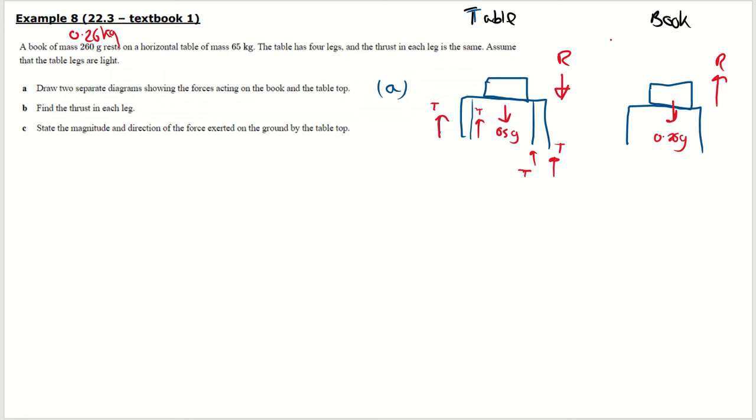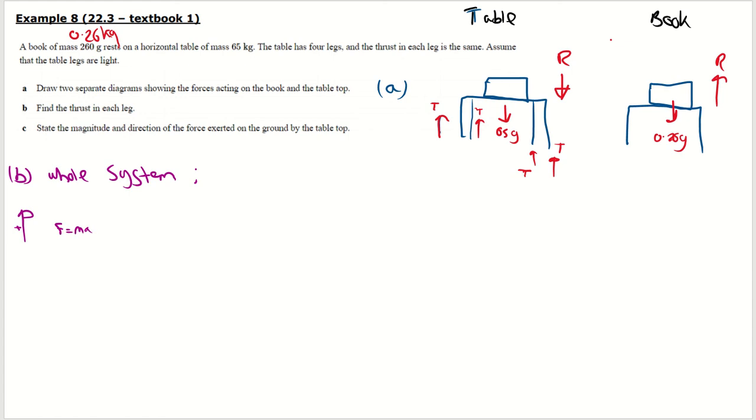Thrust in each leg. If we look at this diagram alone, we can't get anywhere because we've got two unknowns, so we'd have to do the whole system. Now this question is in equilibrium because it's just a book sat on top of a table. So you could take a direction to be positive and do F equals ma.